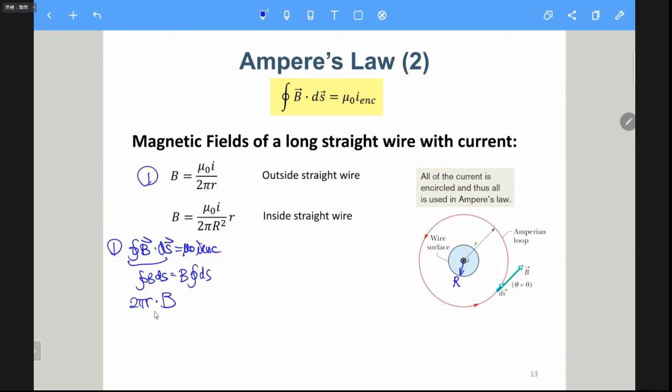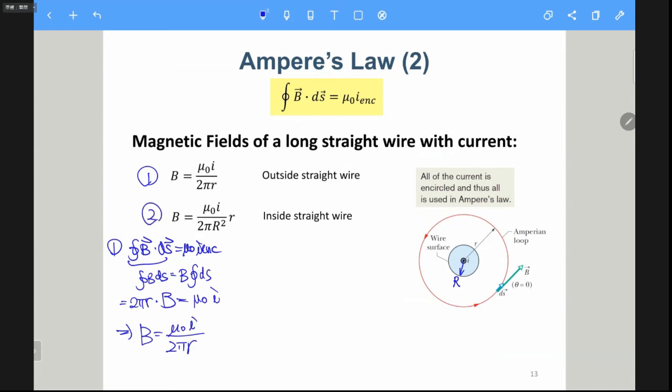So we have 2 pi r times B. On the right side, it is nothing but mu0 and I. I is the total current in this wire. So in this case, we will have B equals mu0 I over 2 pi r.